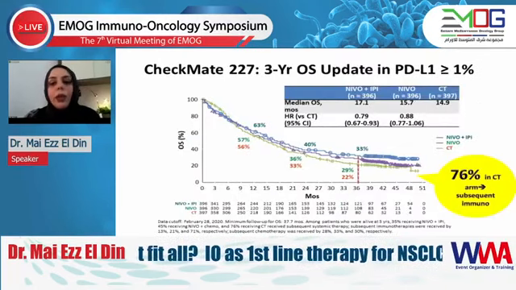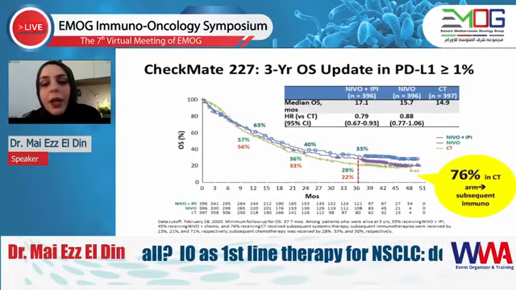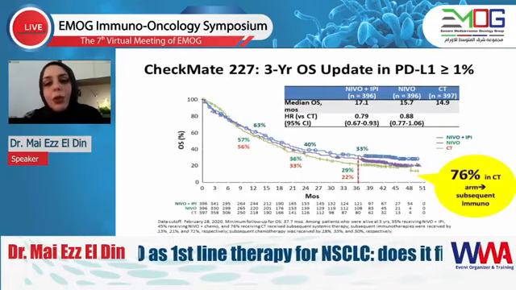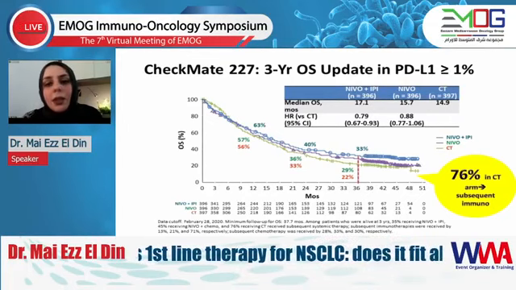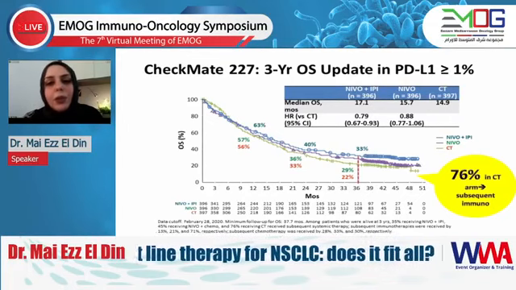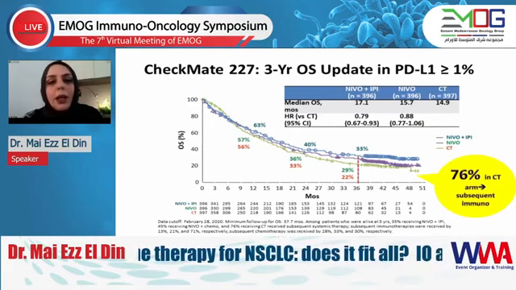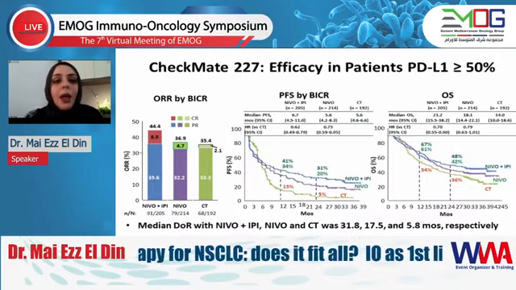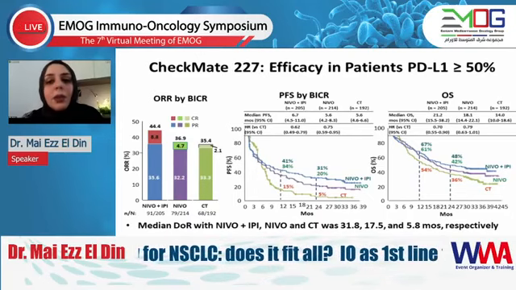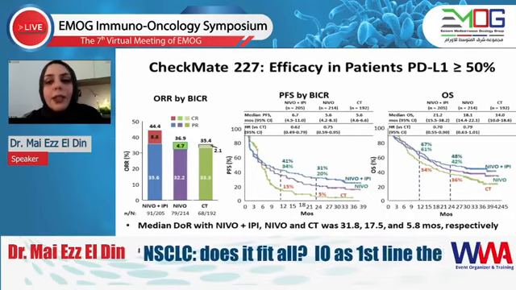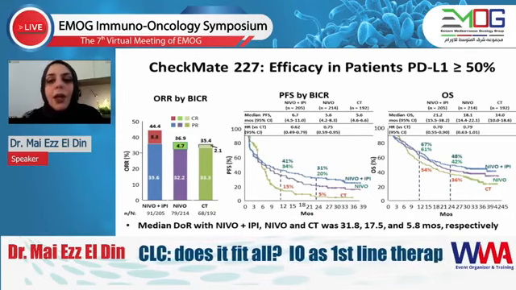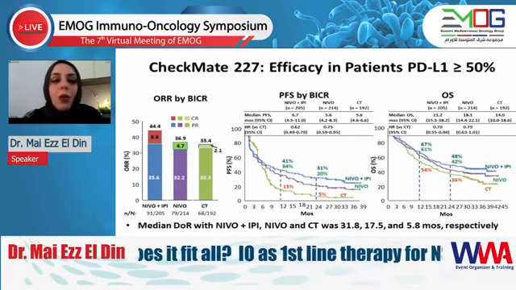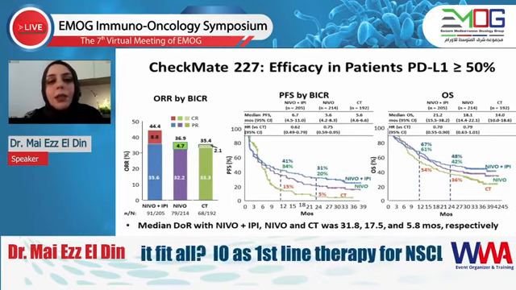And even in the 3-year update by Professor Ramalingam, despite a 76% crossover to subsequent immunotherapy, it still preserved this hazard ratio and positive signal, especially with the doublet, and not for Nivo as a single agent. And of course, this difference is more pronounced, with a tighter hazard ratio of 0.7 and a higher median overall survival, if you select patients having PD-L1 higher than 50%.